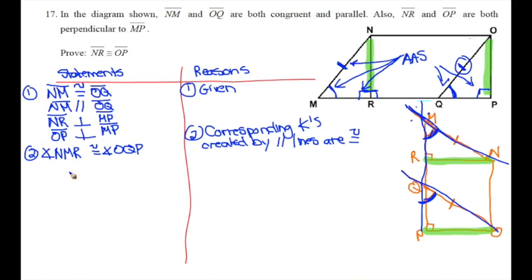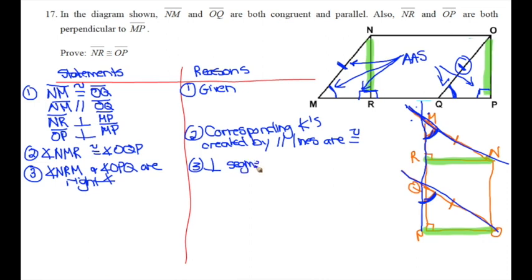So having said this, I'm now going to go to step 3. I have to say that perpendicular lines form right angles. So I'm going to say that angle NRM and angle OPQ are right angles. And I'm sure you can guess the reason why. Perpendicular lines form right angles.